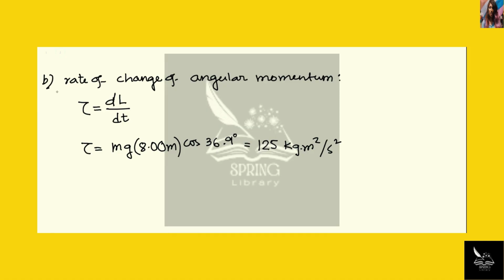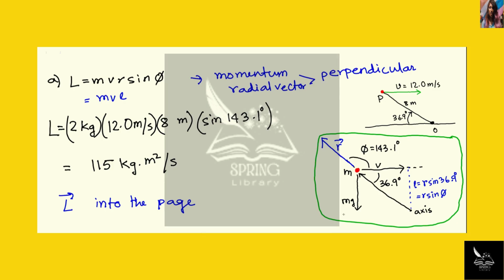In part B, we have to find the rate of change of angular momentum, and it's nothing but the torque, because torque is, in other words, the rate of change of angular momentum. To figure out torque, we can go back to this picture where we have to take the component of the radial vector which is perpendicular to mg, the gravitational force that we have here.